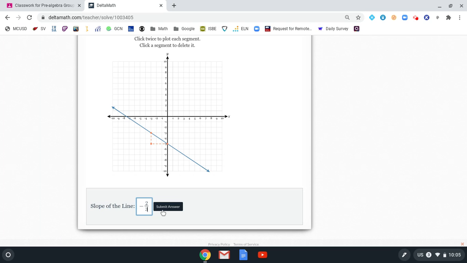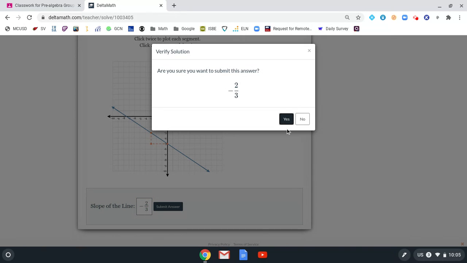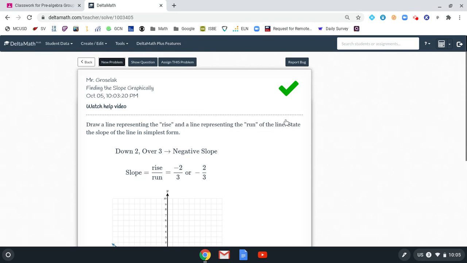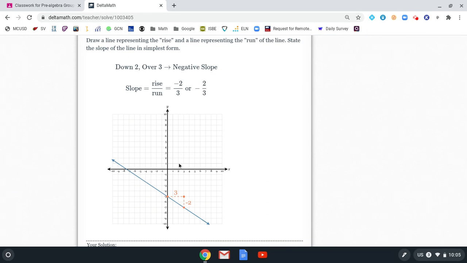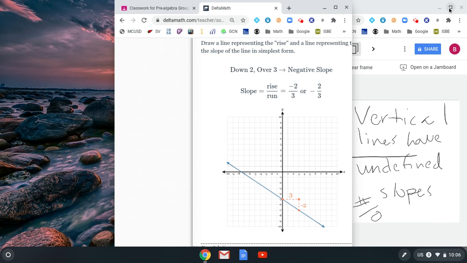And I'm going to submit that answer. Yes, I want to submit it. And I got it correct. They show it going like this. I much prefer if you did the rise first, so you went down first and then right, but either way works.